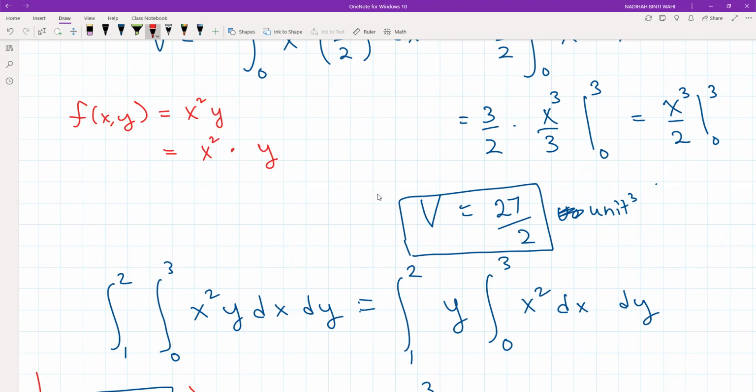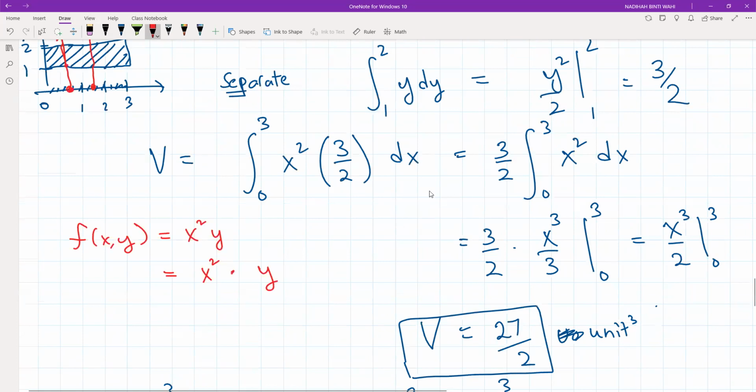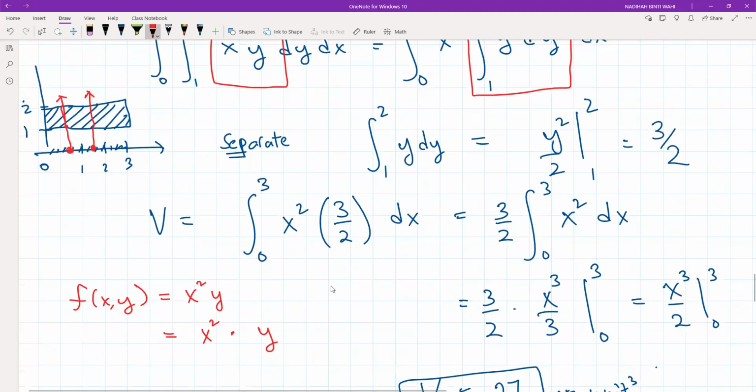Let's see, is it defined on x from 0 to 3? Yes. Why? Because it is a parabola in x. From 0 to 3 is defined. Look at y. Is y defined from 1 to 2? Yes, it is defined because this is just a straight line.